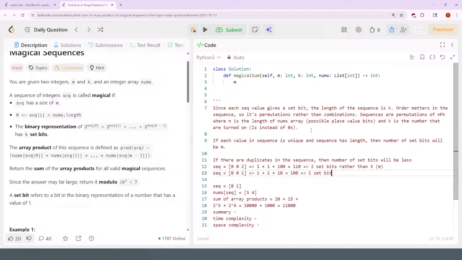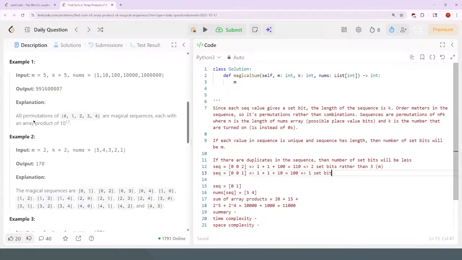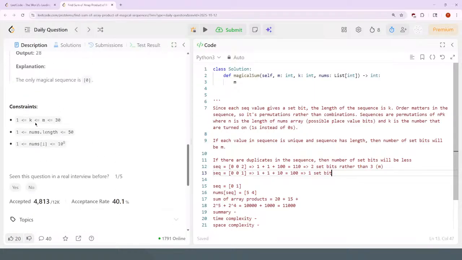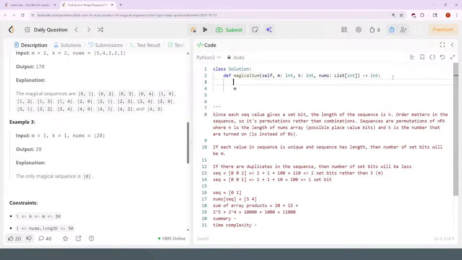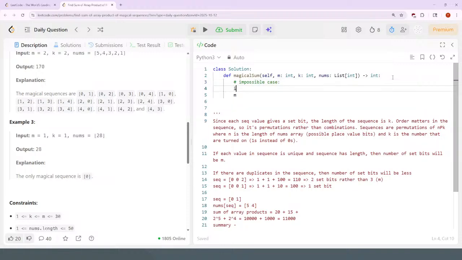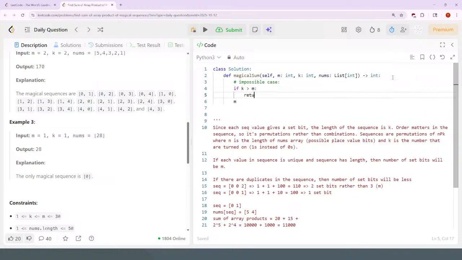Binary 4 is 100. Okay. So I guess if they ever give me something where k is bigger than m, then I can return the impossible case. If k is greater than m, return 0.